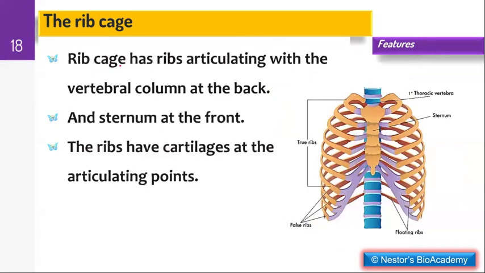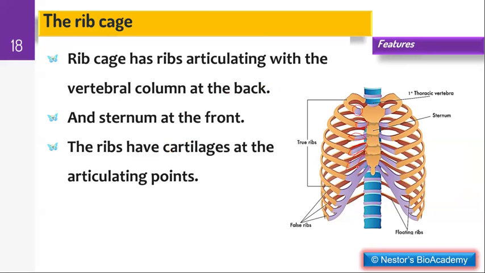As we have just established, the rib cage has ribs articulating with the sternum at the front and the vertebral column at the back. And the ribs do not attach to the vertebral column and especially the sternum directly, but we always have cartilages. You can find cartilages at the ends of the ribs here.